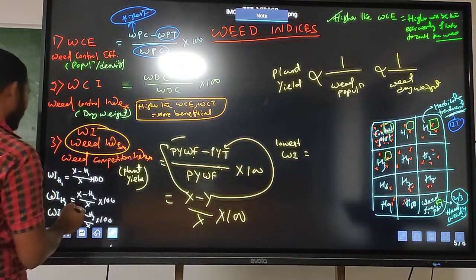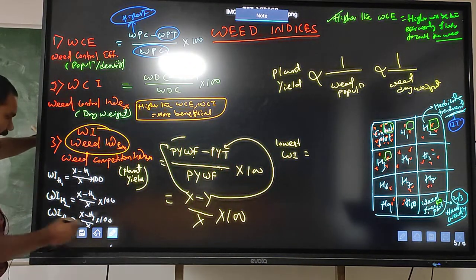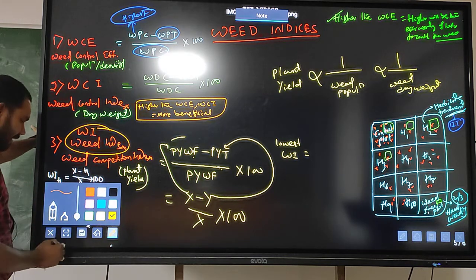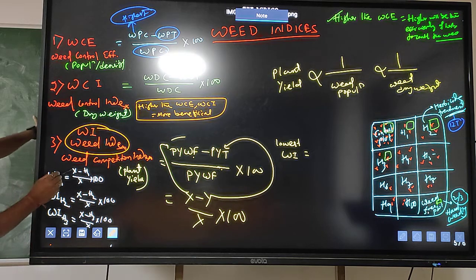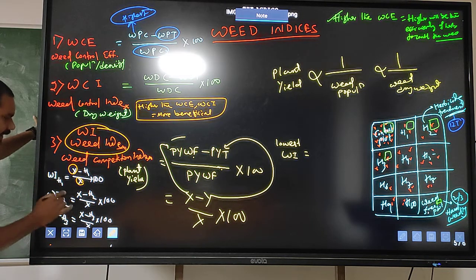So just notice, in each case x remains constant. The denominator remains constant, yes or no?